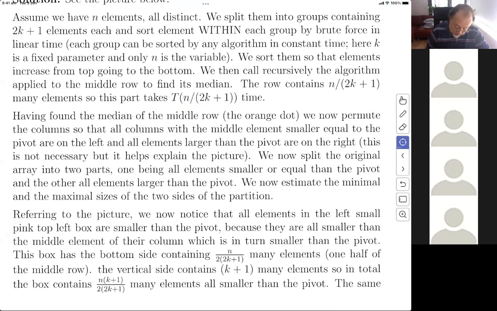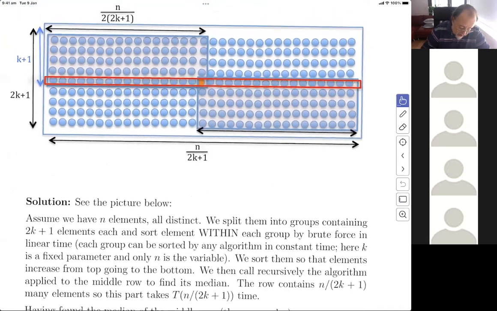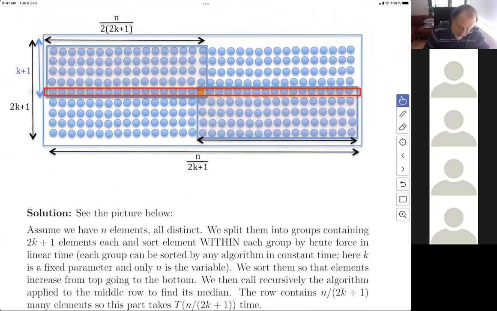And now what you do, once you find the median, and the median is this orange element that you see here in the center. And now, sorry, I forgot to tell you, first we sort each column by brute force, right? You can use any algorithm.